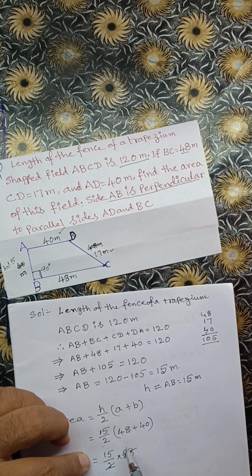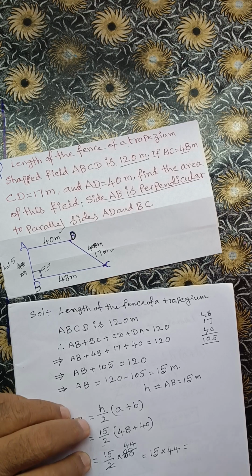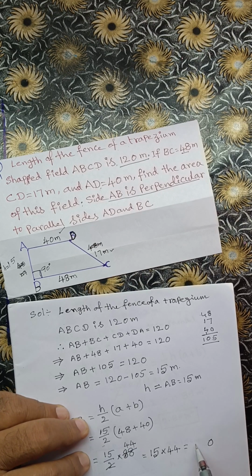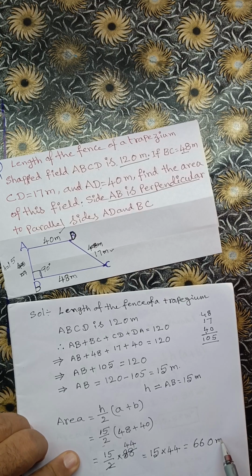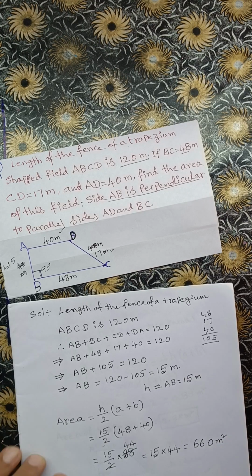So 2 ones are 2, 2 fours are 44. Now it is 15 into 44 is equal to 15 fours are 60, 15 fours are 60 plus carry 6, 66, 660 meter square.